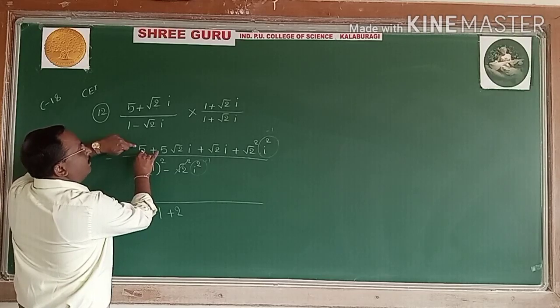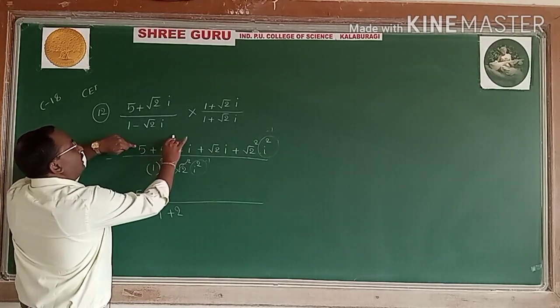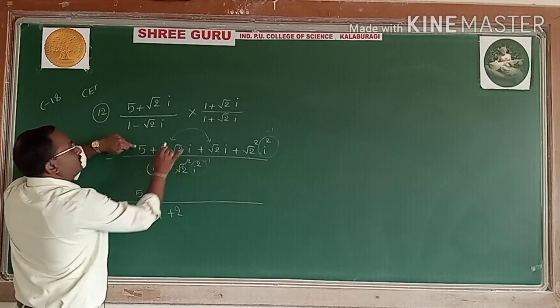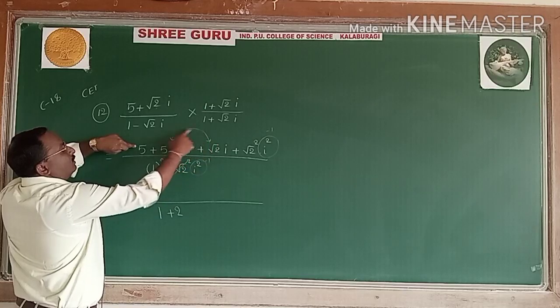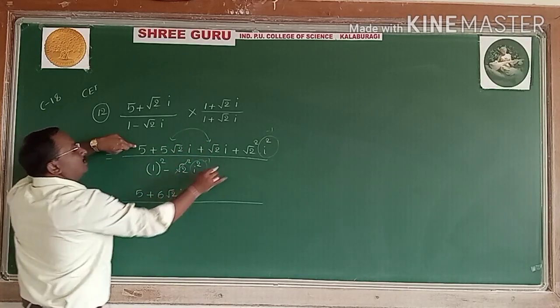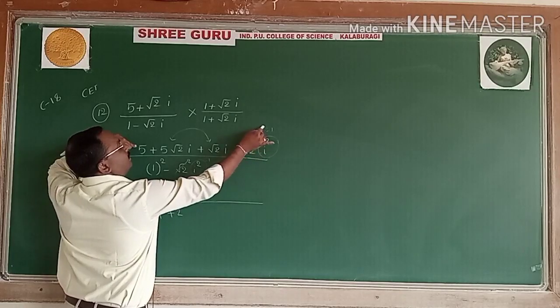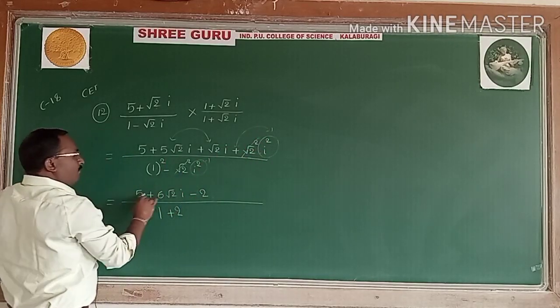So 5 plus 5 times root 2 plus 1 times root 2, listen carefully, total 6 times root 2i. Square and root get cancelled, and this minus is there: minus 2.